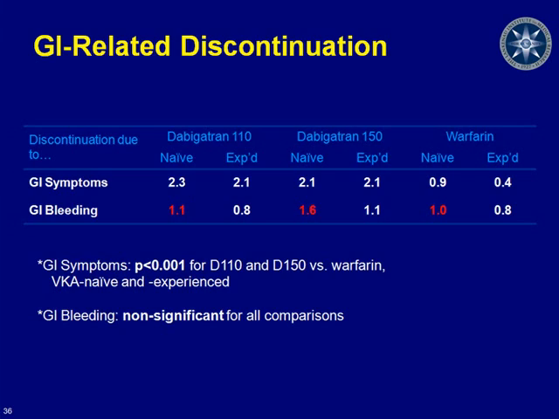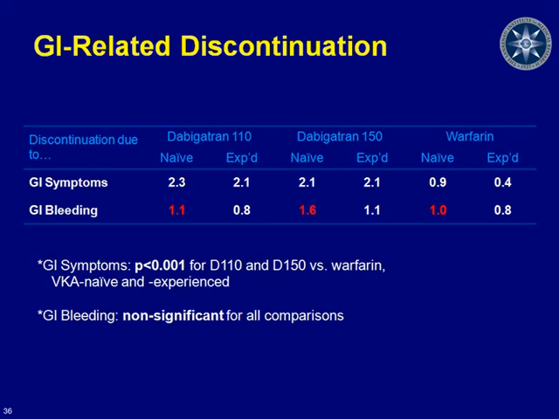events that I need to discuss with you. The first is dyspepsia. About 2% of patients assigned to Dabigatran withdraw from Dabigatran because of dyspeptic symptoms. The second is GI bleeding. And GI bleeding, particularly for the 150 dose, is higher than what we see with Warfarin.